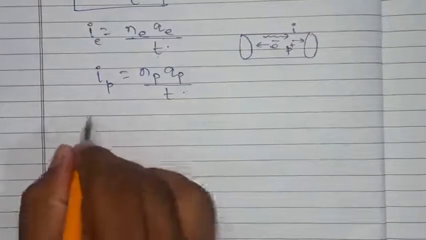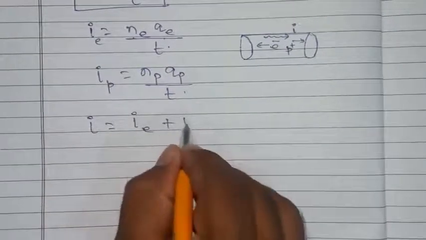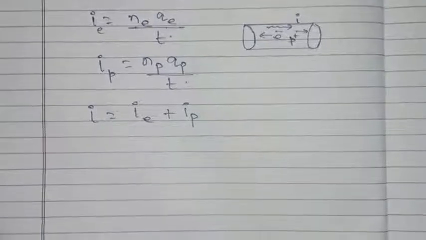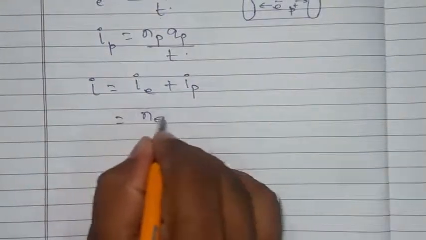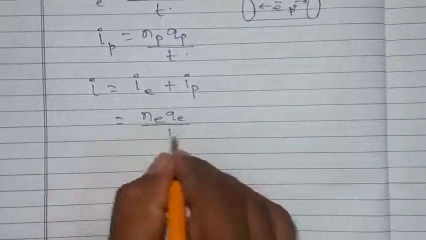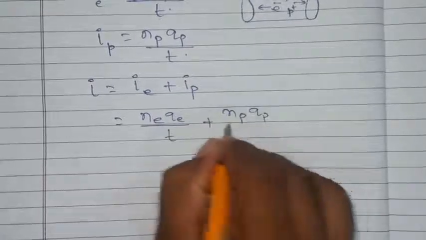So the value of current is equal to Ie plus Ip, both due to electrons as well as protons. We can put Ie equal to Ne into Qe divided by T plus Np into Qp divided by T.